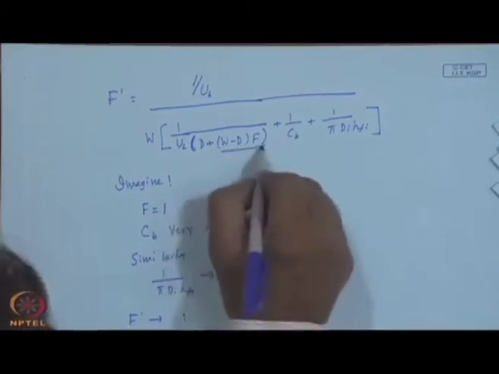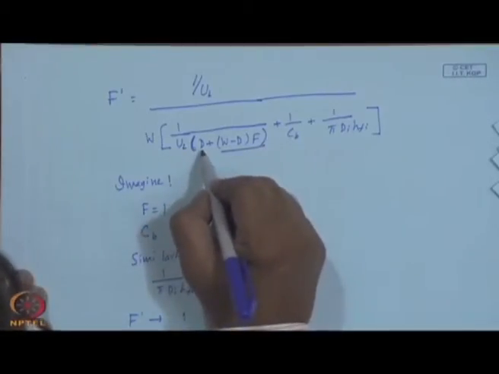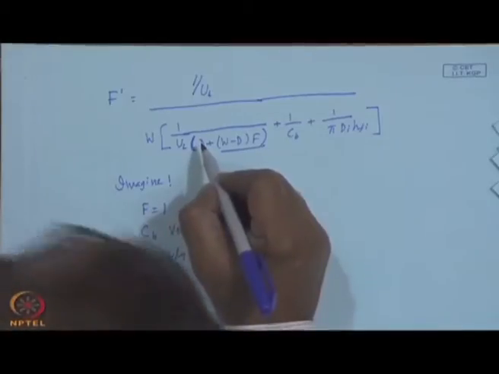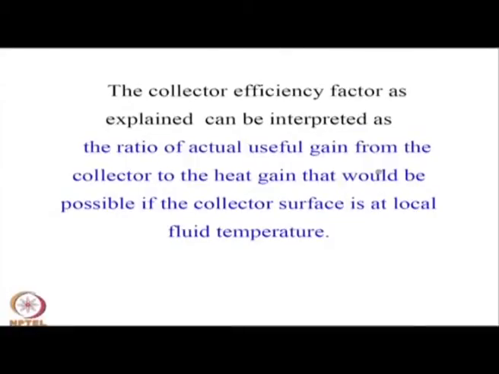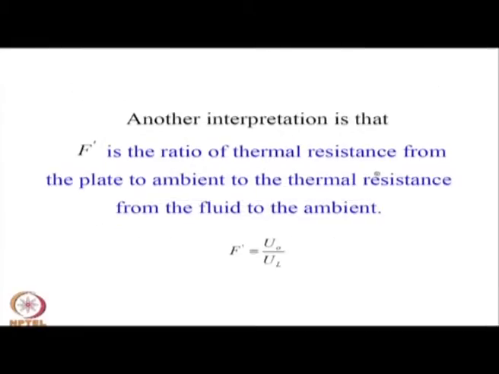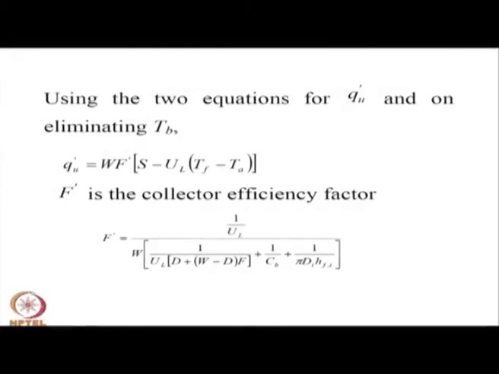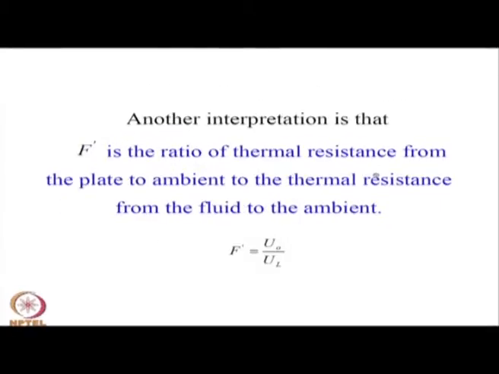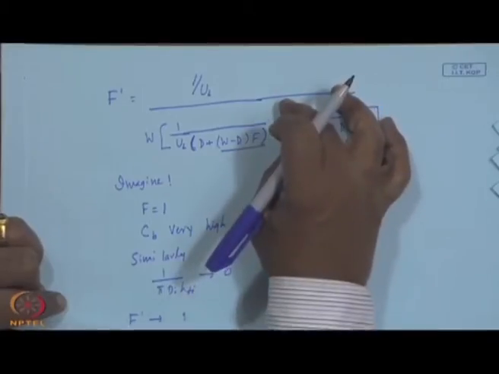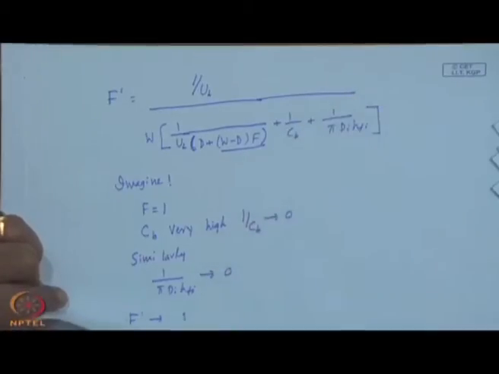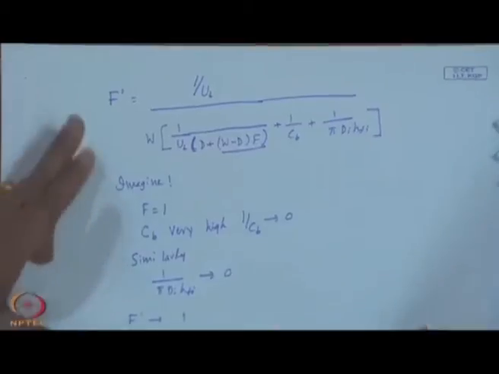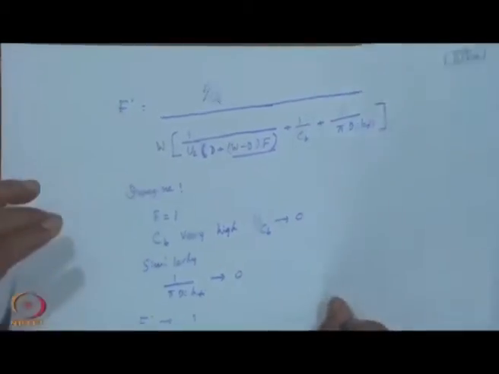So, this term is 0, U_L into, I think this should be W. So, you will have F dash tending to 1 if this bond conductance is infinity and if the convective resistance is 0. So, this U_L gets cancelled and F dash will turn out to be equal to 1.